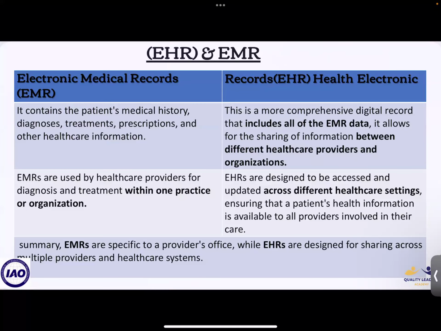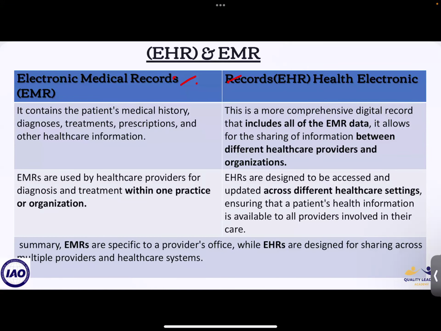Okay, some people may have heard the term, or we all know about the electronic health record, the EHR, and others might know about the electronic medical record, the EMR. So let's quickly compare these two. The EMR is a medical file that is specific to each healthcare organization, separate from others.